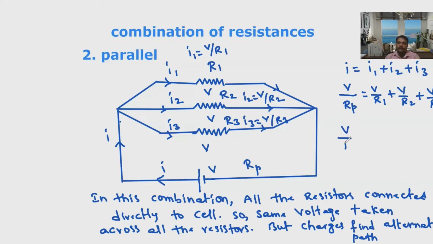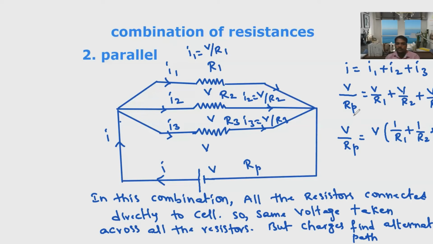Then V by R is V of 1 by R1 plus 1 by R2 plus 1 by R3.